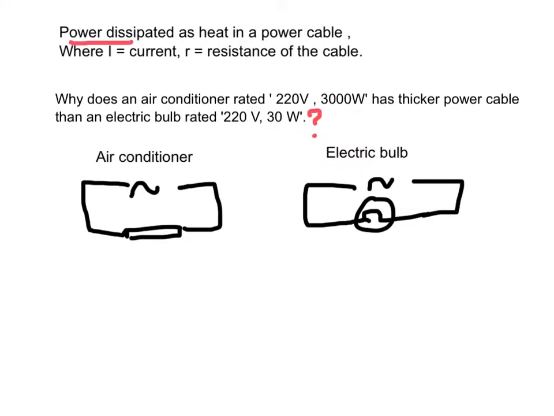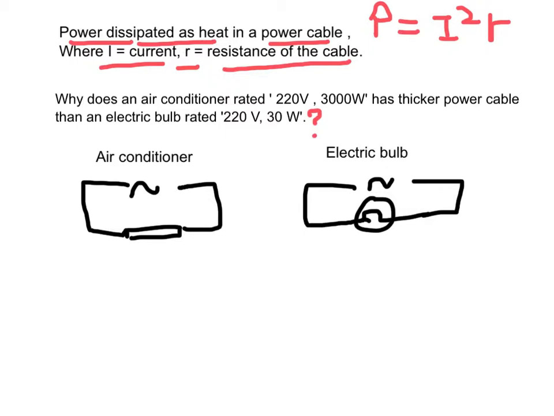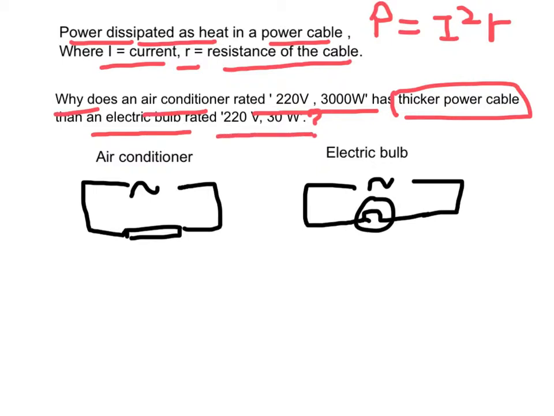Power dissipated as heat in a power cable, P equal to I squared R, where I is the current, R is the resistance of the cable. Why does an air conditioner rated 220 volt 3000 watt have a thicker power cable than an electric bulb rated 220 volt 30 watt?